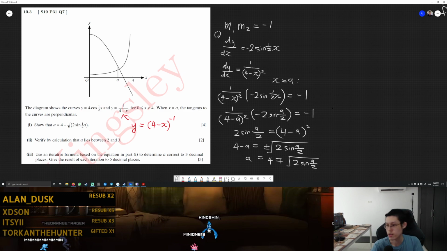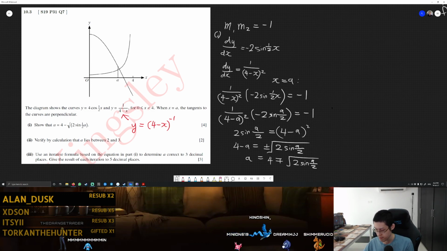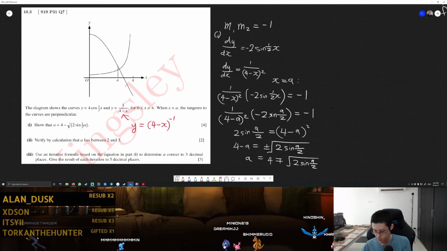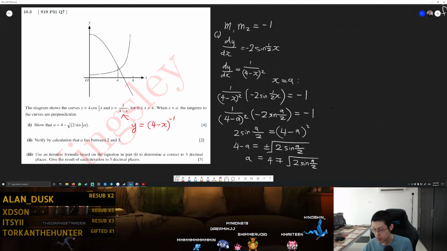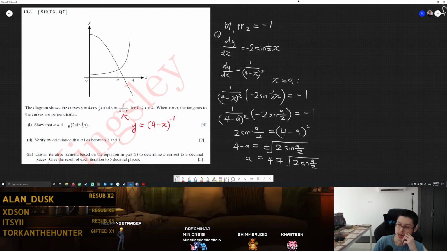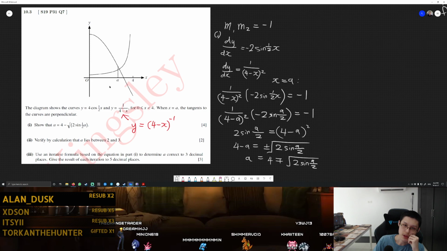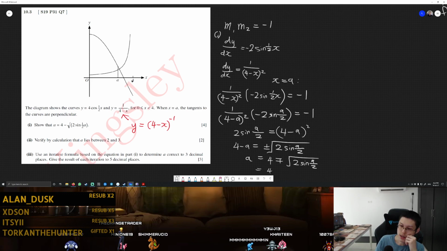Would it arrive at a contradiction? Yeah, it would. So if I put a positive sign, this a is going to be greater than 4. But as you can see from the diagram, a is less than 4. So you can't retain the positive sign. Therefore, this should be a negative sign.